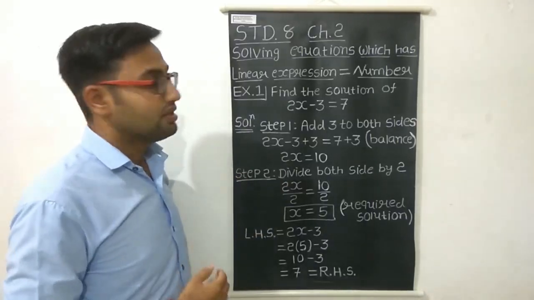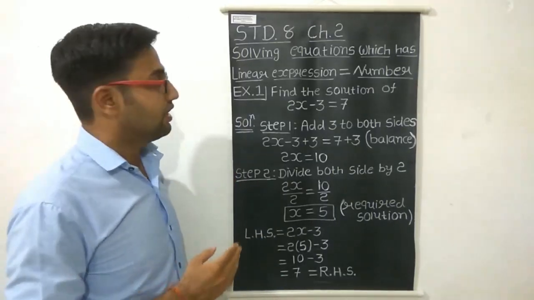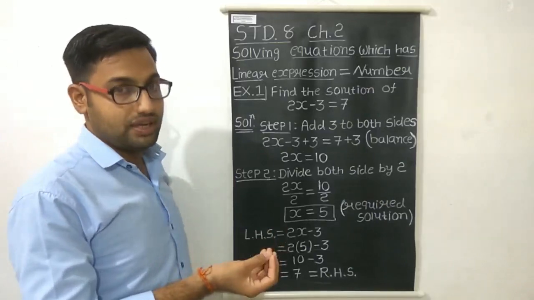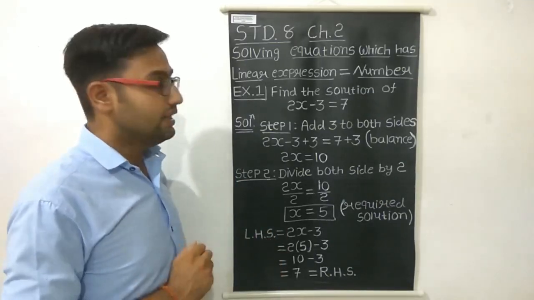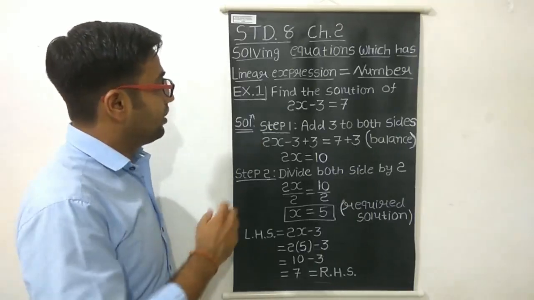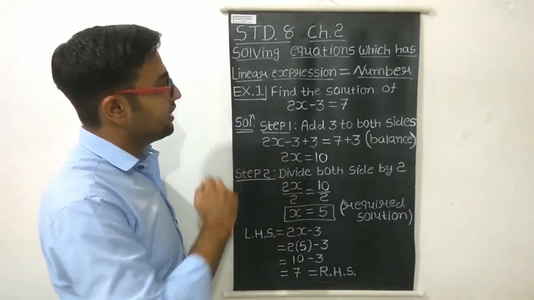In that class we studied that linear equations are equations in which the power of the variable is 1, and there is only one variable in the equation. There are some classifications of linear equations.